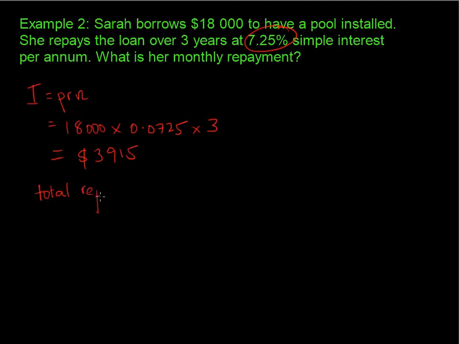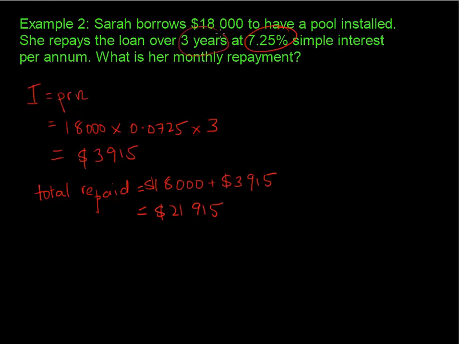Now we work out the total that she has to repay. The total repaid is equal to the amount that she borrows, so the 18,000, plus the 3,915, giving us a total of $21,915. Now to work out the monthly repayment, we have to look at how many months she takes this loan out over.